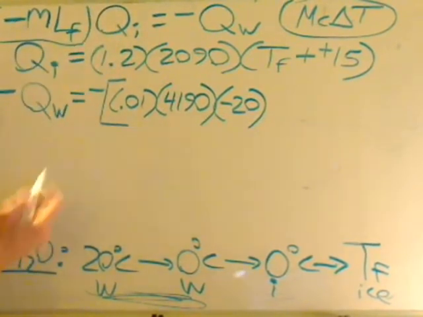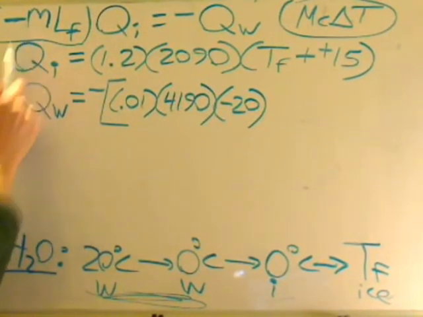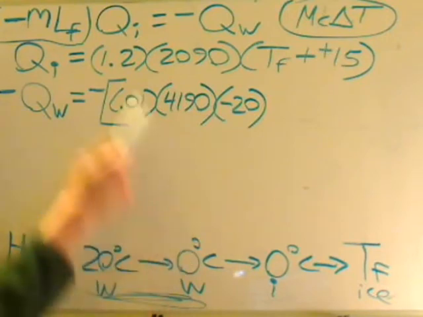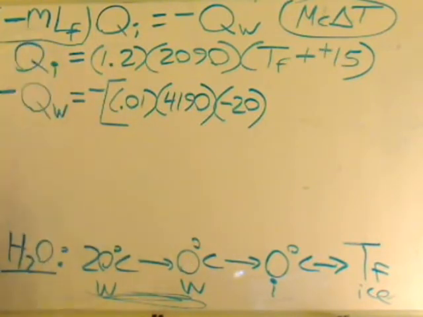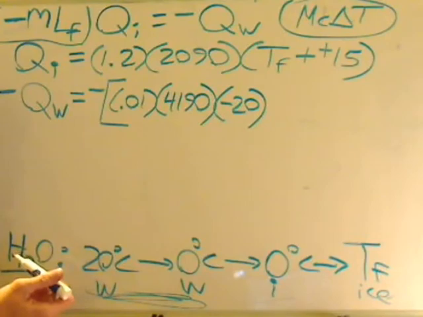So that's what we need for the phase change. The negative comes from the cooling, from the freezing. If we were going the other way, from ice to water, this would be a positive quantity. But we're going from water to ice, so our heat is a negative quantity.